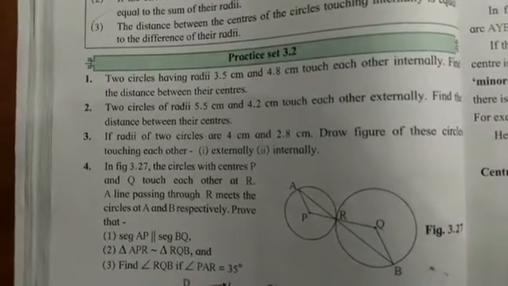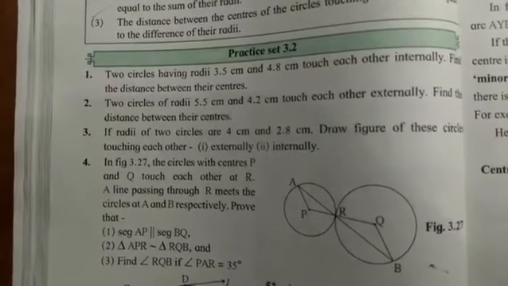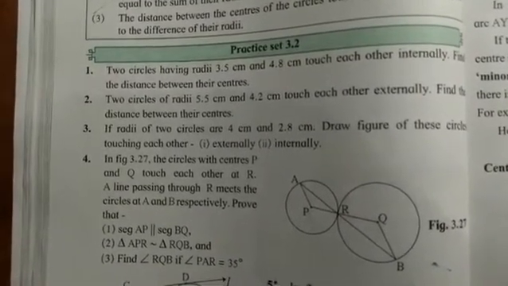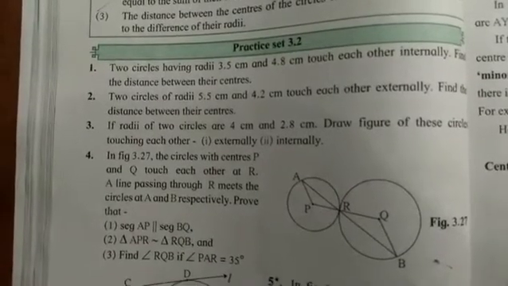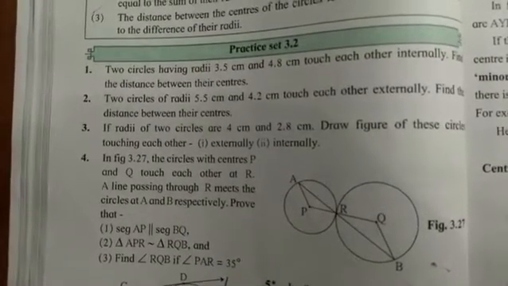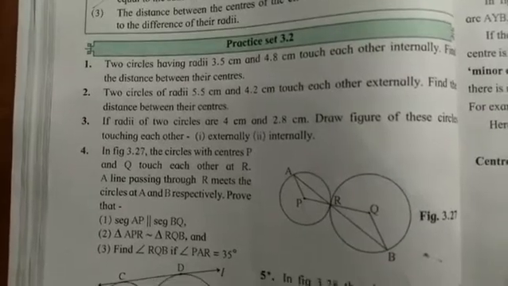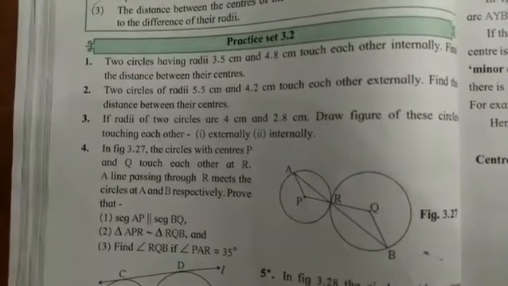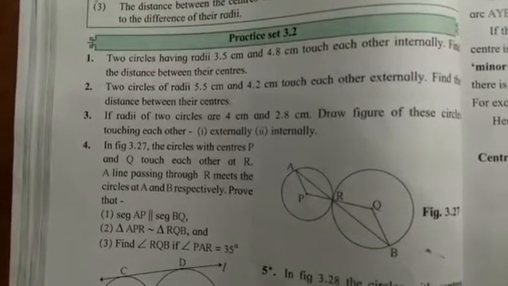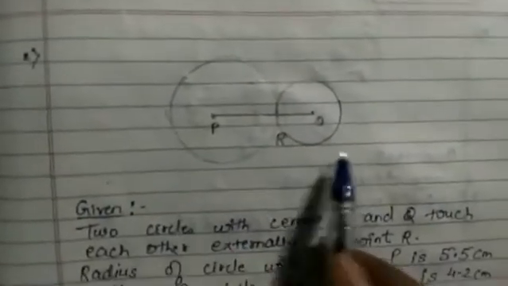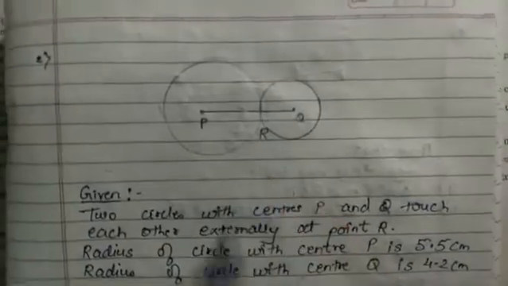Sum number 2: two circles of radii 5.5 and 4.2 touch each other externally. Find the distance between the centers. In the previous sum it was internally. Now they have told us the two circles touch each other externally. These are the two circles touching each other externally.